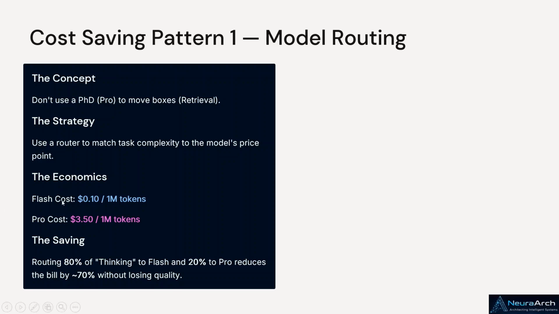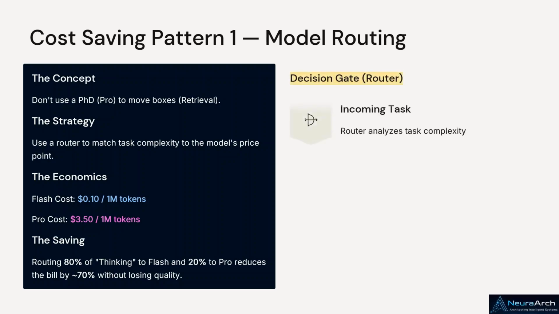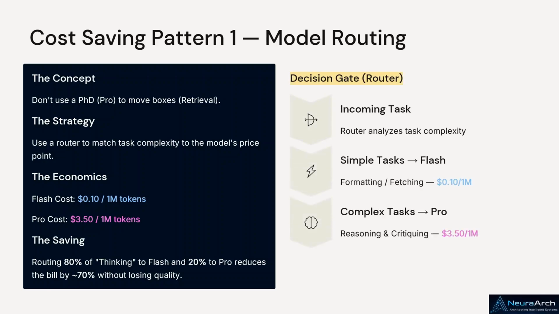Flash costs are just around $0.1 to $1 per million tokens, and pro costs may be around $3.5 per million tokens, right? So using the same type of LLM everywhere doesn't make any sense.